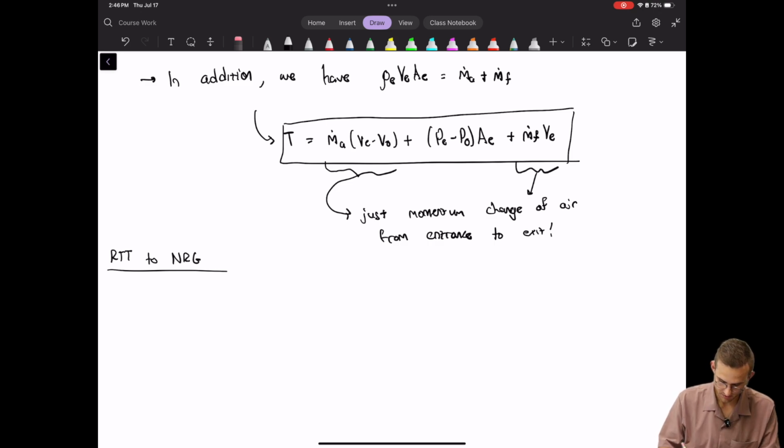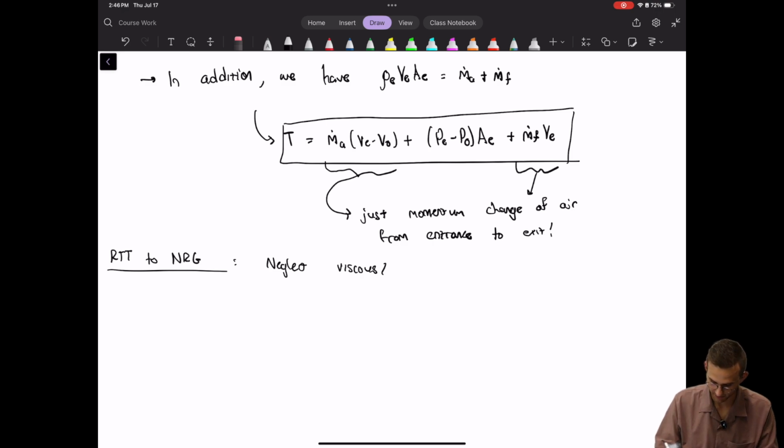We're going to neglect the viscous or conduction effects at the control volume boundary.